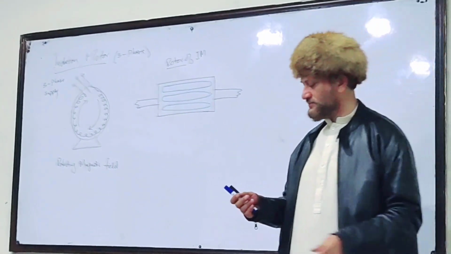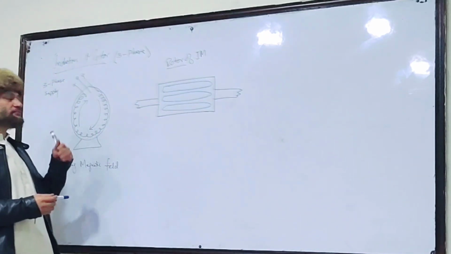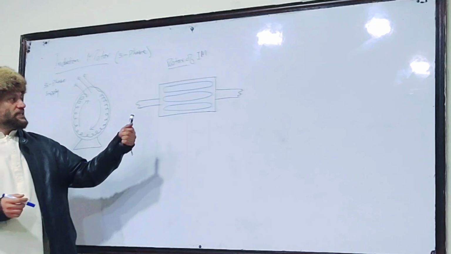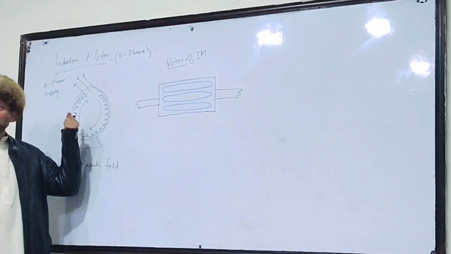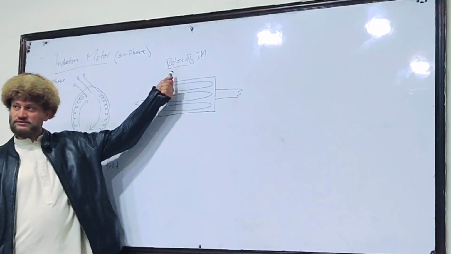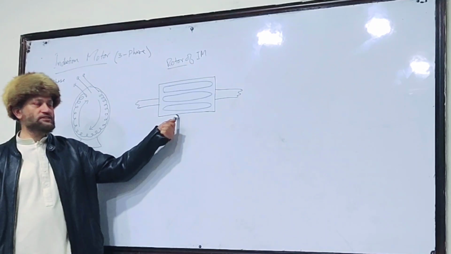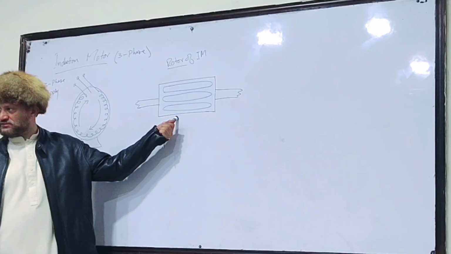Now look over here. When the rotor is lying in this stator, the rotating magnetic flux will cut these bars, because this rotor is usually in a stationary position.